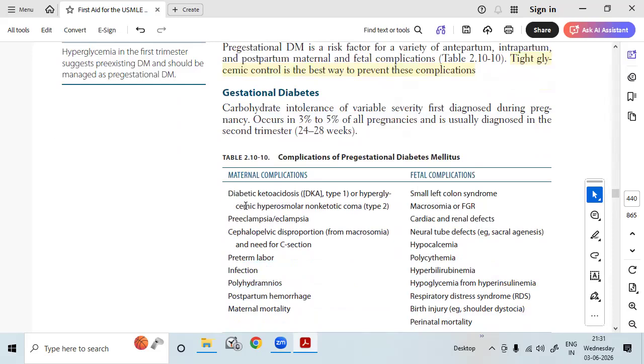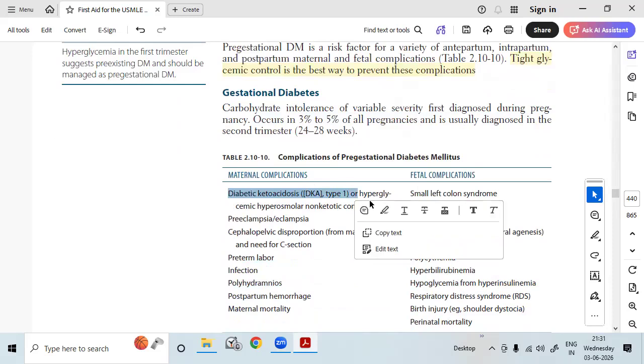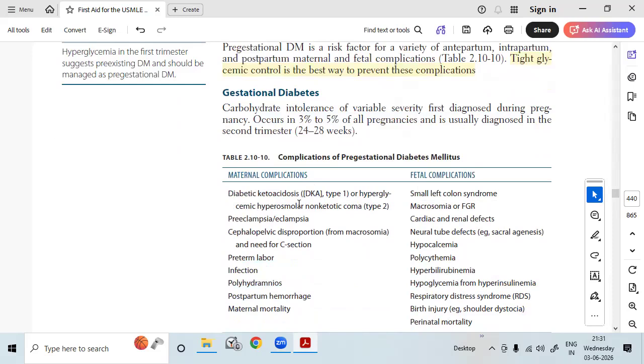The mother can have diabetic ketoacidosis in type 1 or hyperglycemia or HHS, that is hyperglycemic hyperosmolar non-ketotic coma, pre-eclampsia, eclampsia, cephalopelvic disproportion needing C-section, preterm labor, infection, polyhydramnios, postpartum hemorrhage, and maternal mortality.